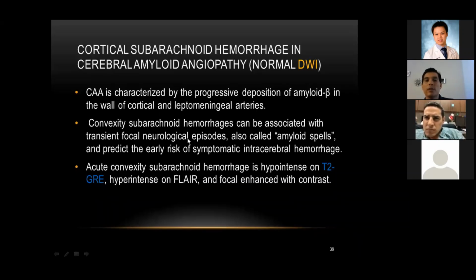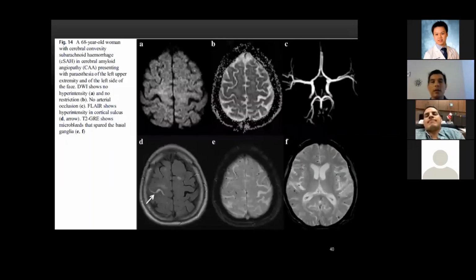So that is the important clue: in acute convexity subarachnoid hemorrhage, the T2 gradient will help to show the hemosiderin in the place of the chronic hemorrhage, and that could be related in the future with ICH.